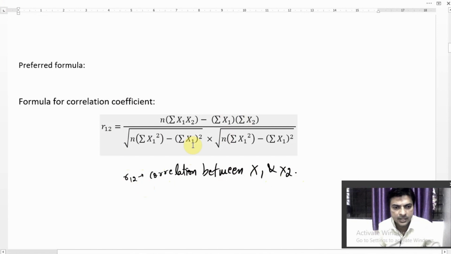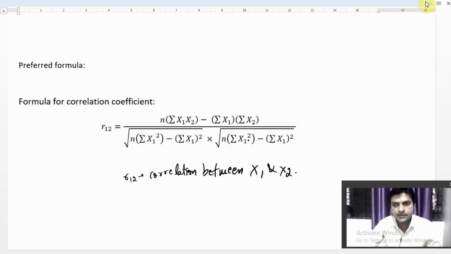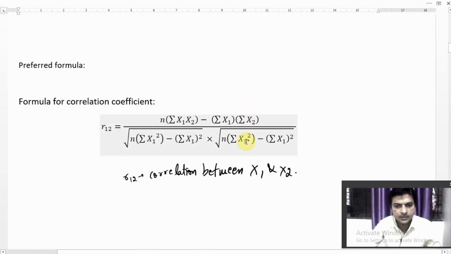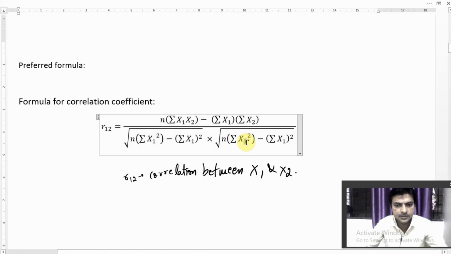So here I am going to take the formula: n into summation x1 x2 minus summation x1 into summation x2, divided by square root of n into summation x1 square minus summation x1 the whole square, into square root of n into summation x2 square minus summation x2 the whole square. Here it will be x2 instead of x1. Please remember this, students.